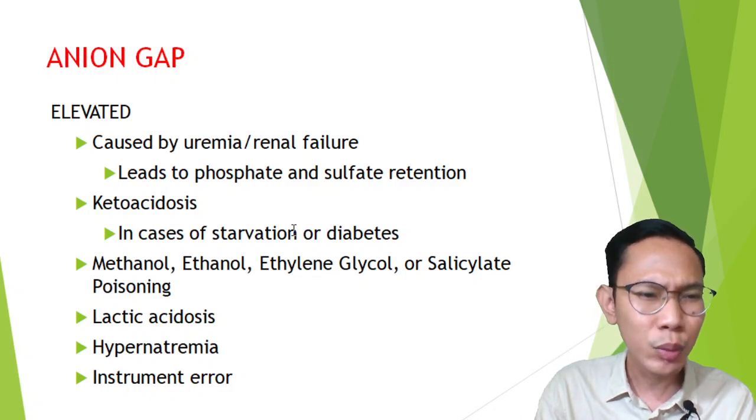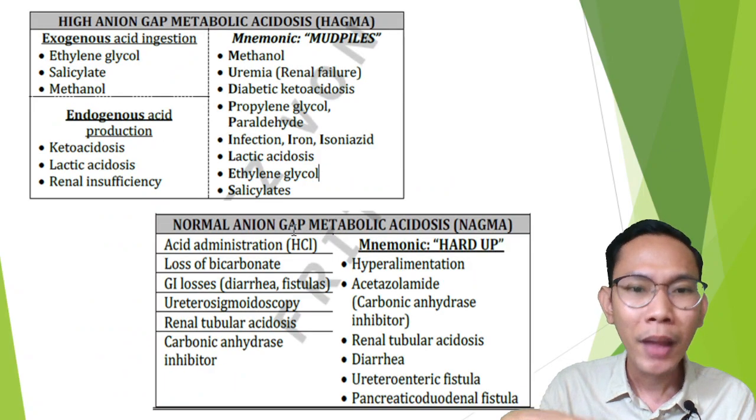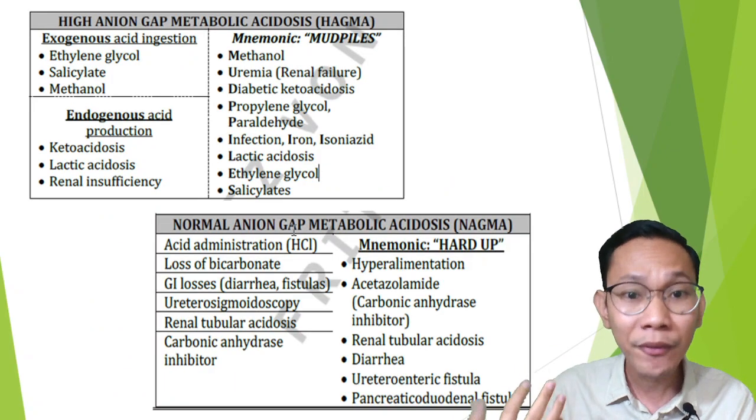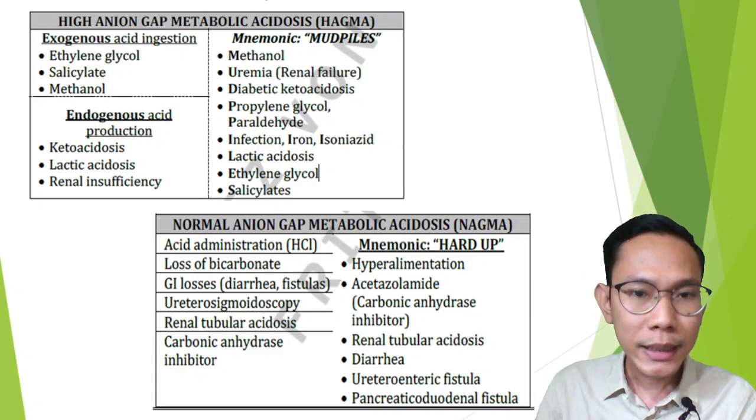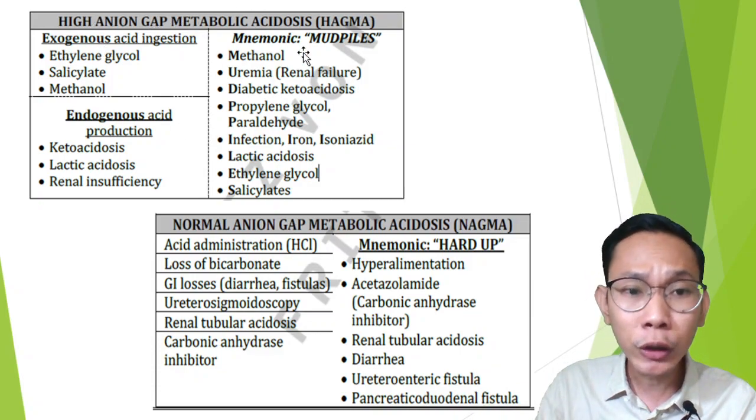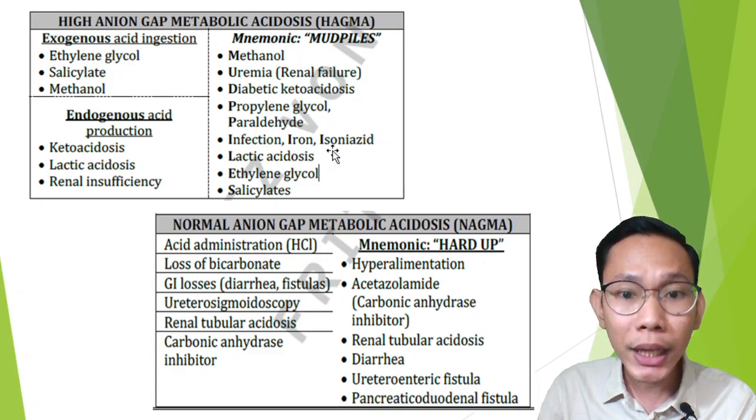So, actually, this will be discussed in medicine too. I just want to show you this so that you will be able to familiarize with it. A useful tool of the anion gap is to differentiate your metabolic acidosis. How do we differentiate, Doc?